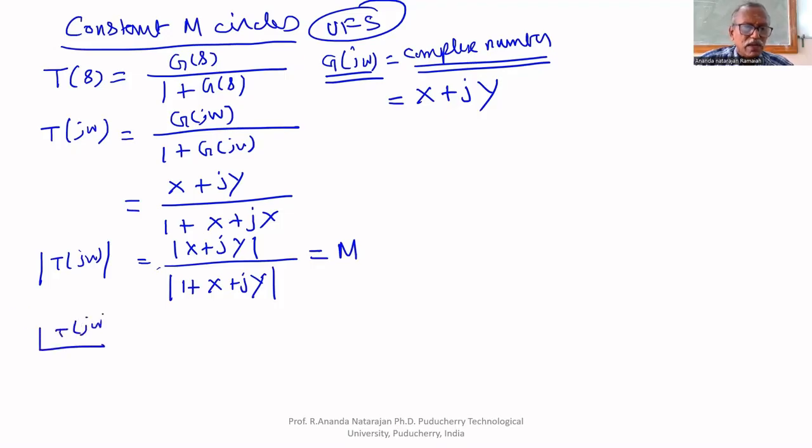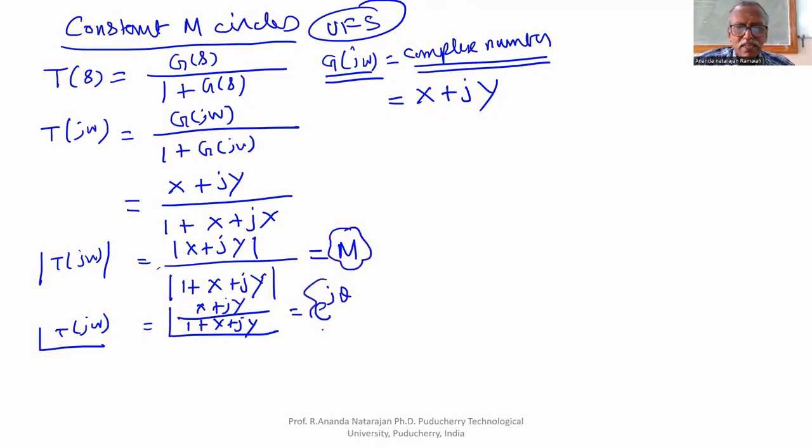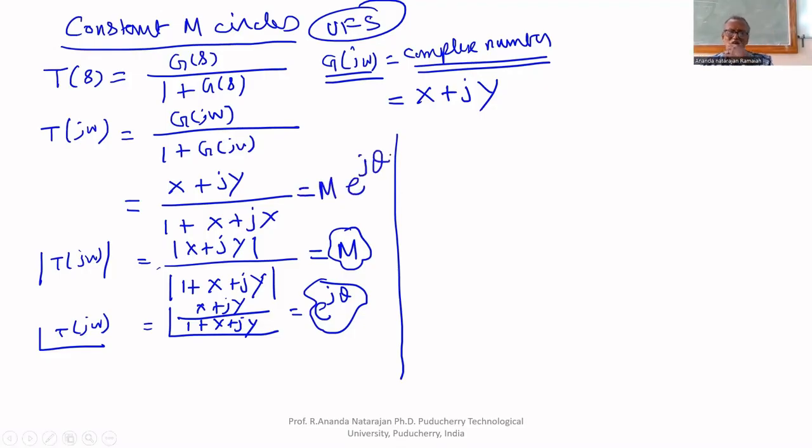Phase of T of j omega equals angle of x plus jy upon 1 plus x plus jy. Let us call it e power j theta. Therefore, T of j omega may be called magnitude M with angle theta, M e power j theta.